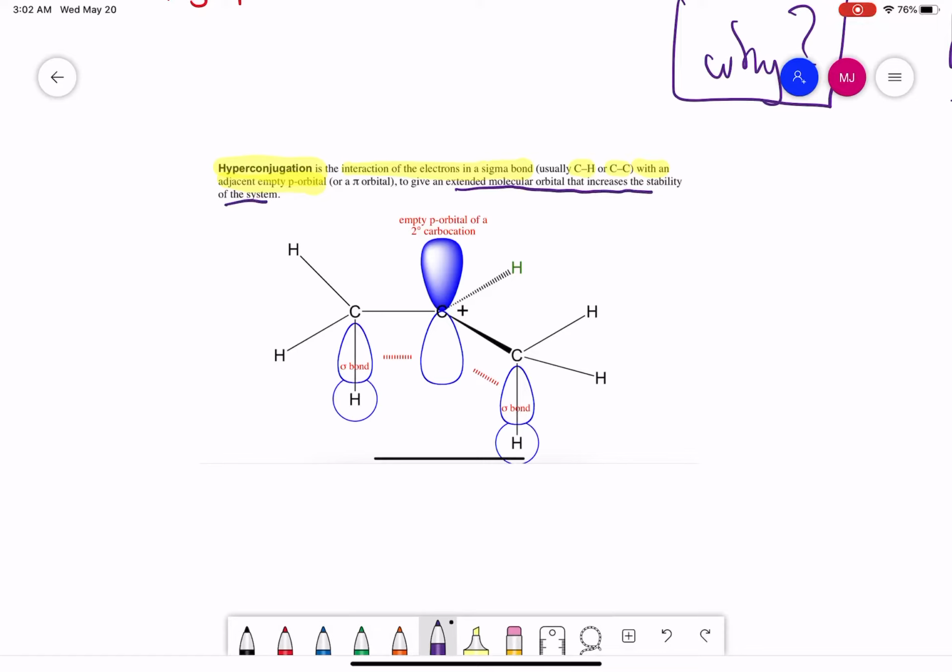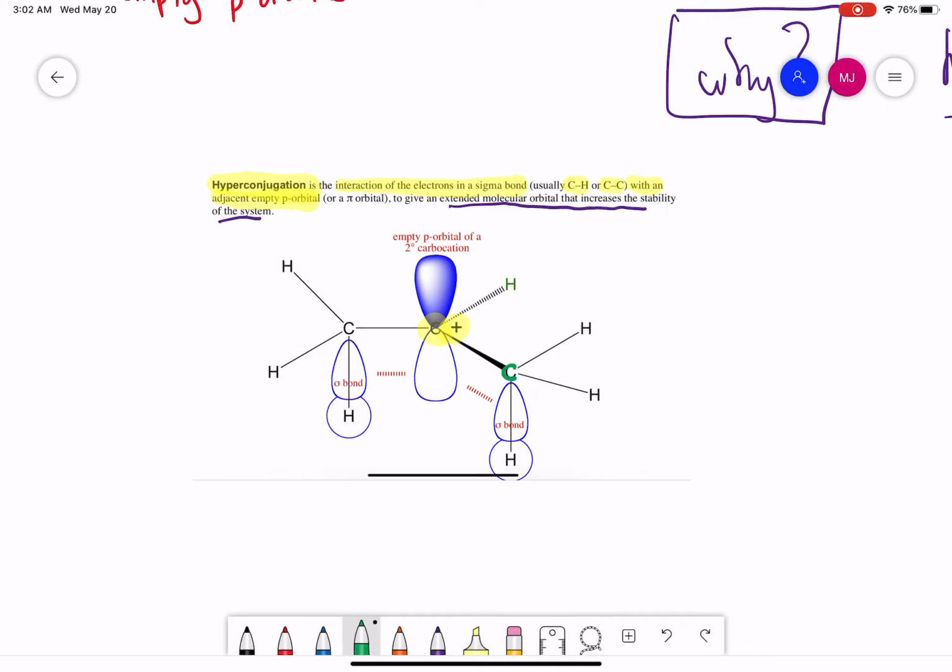So here is our carbocation. There's our carbon with our plus. We see that this is attached to 1 carbon, another carbon, and an H. What type of carbocation am I drawing here? This is a secondary carbocation. And what I've done here is I've drawn in our empty p orbital.